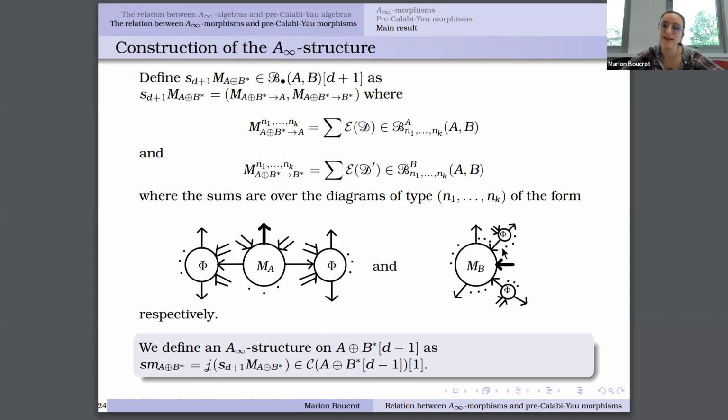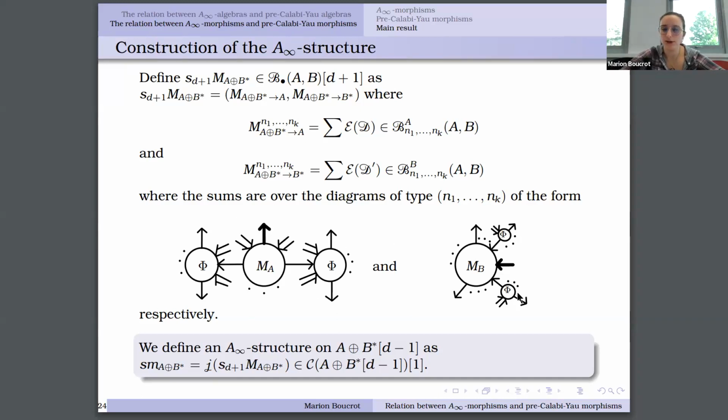So this represents the last output of this Hom space, which is in B star. And here we have lots of outgoing arrows that represent outputs in B. And here we take as input of the pre-Calabi-Yau structure MB the maps, so some outputs of the map phi. Here we also have some outputs in B, so we let them.